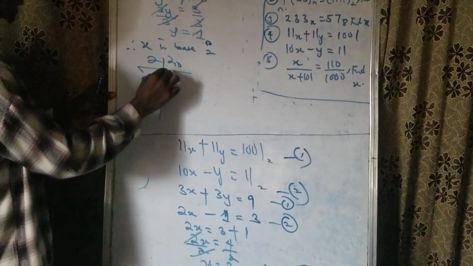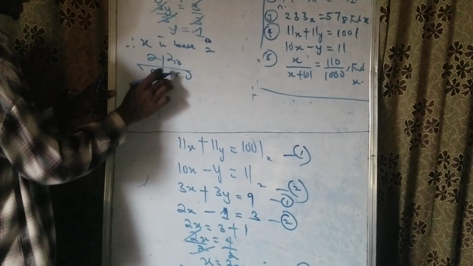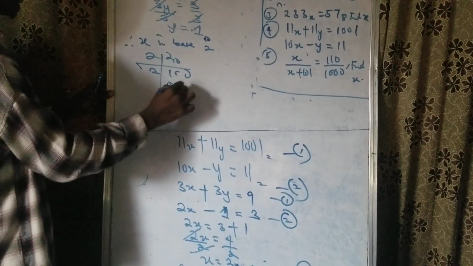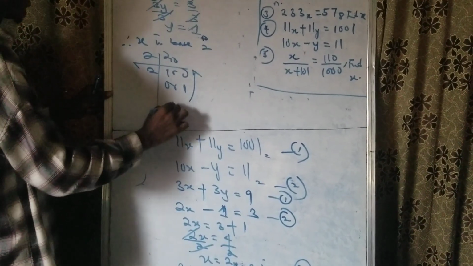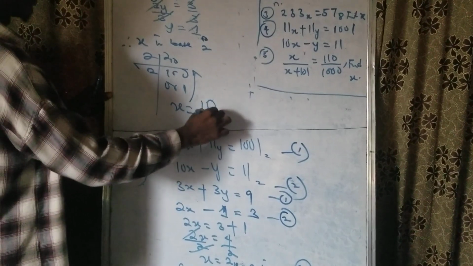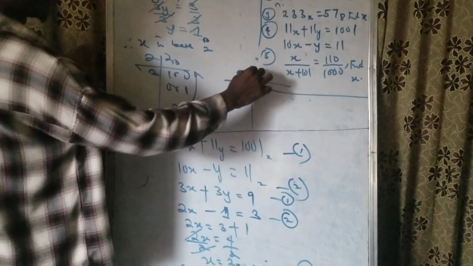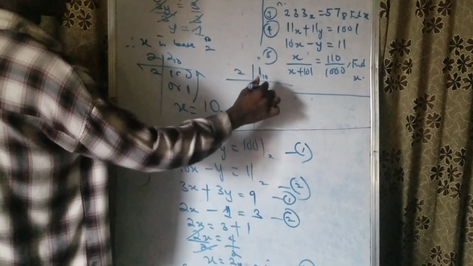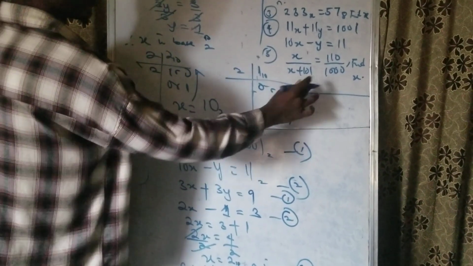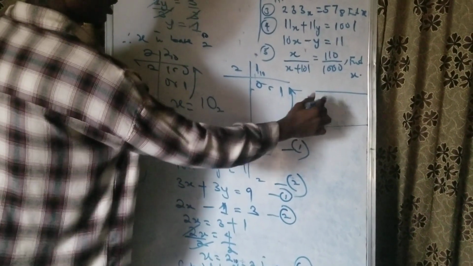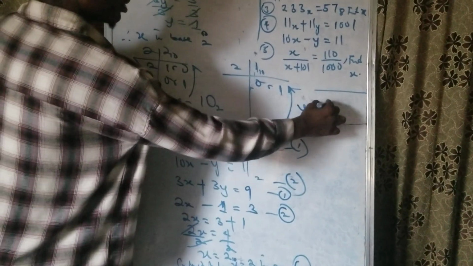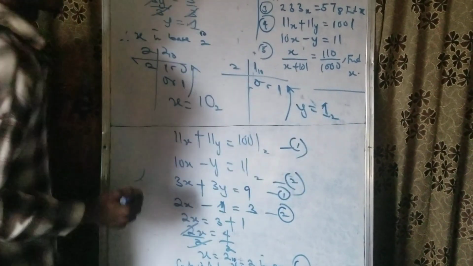So 2 divided by 2, that's 1 remainder 0, and 1 divided by 2, that's 0 remainder 1. So the value of x here will be 10 base 2. And let us do for y as well, which is 1 base 10. So here will be 0 remainder 1. So if you move up, you'll have the value of y equals to 1 base 2. Then we get that.